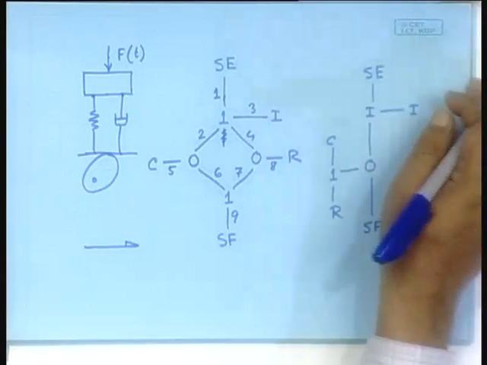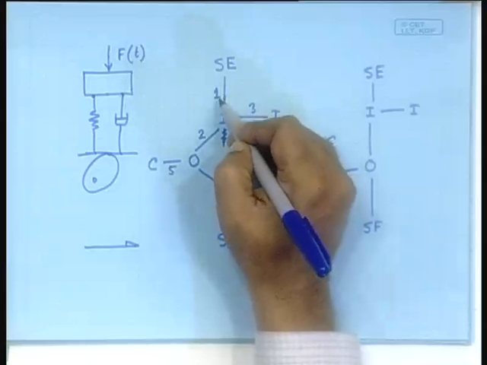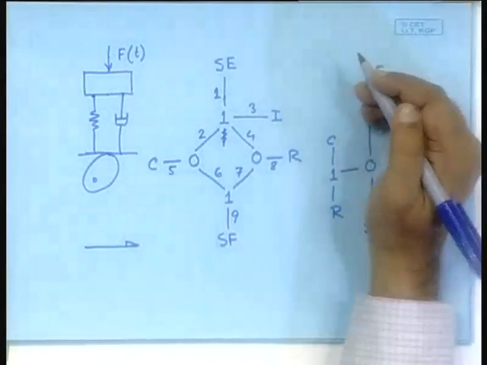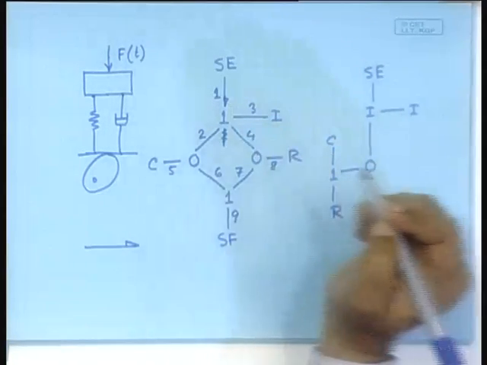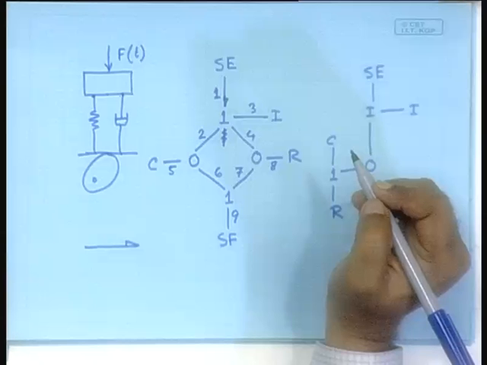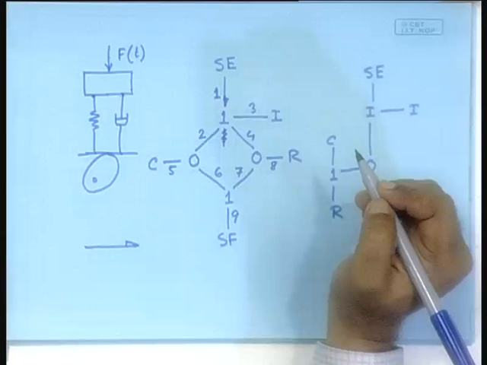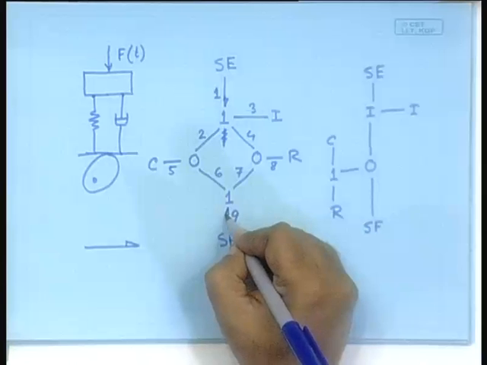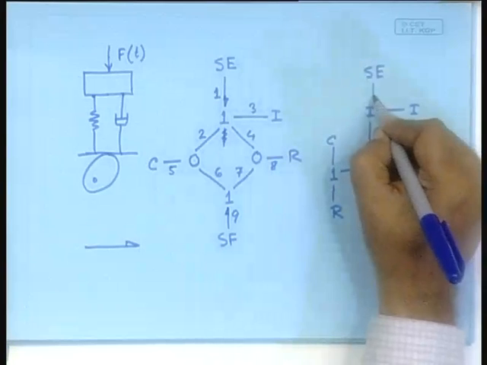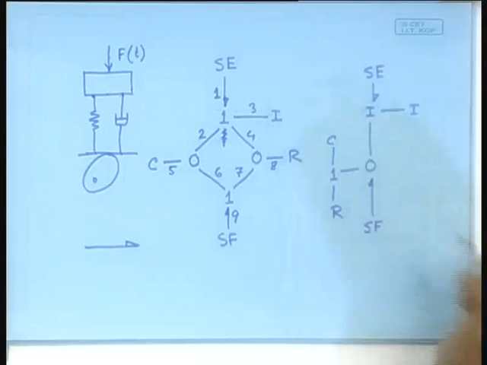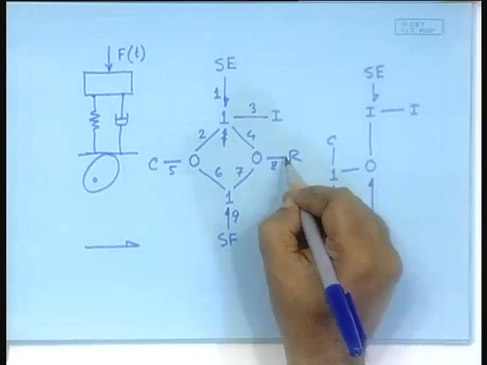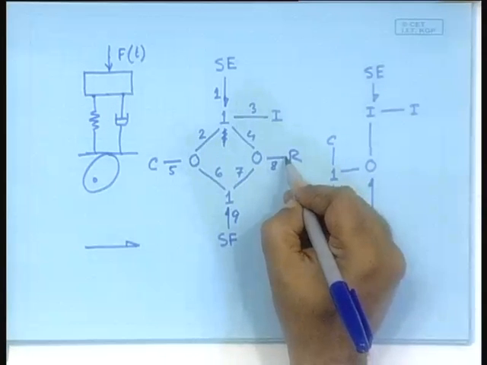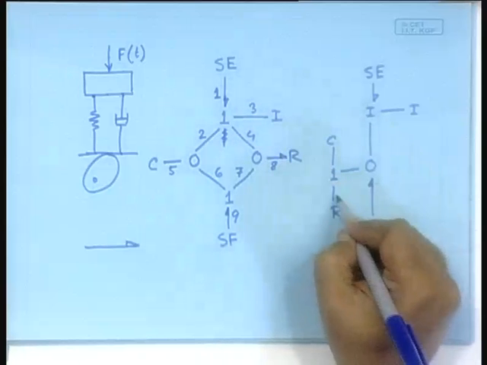Normally the SE element, the sources, will give out power, so the power direction will be like this. The resistive element will of course absorb power, so it will be like that.